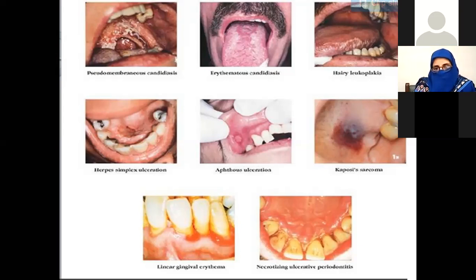So even if you are not doing text from Robbins, at least I would recommend at the start of the module that you go through the gross photographs and the pictures given in Robbins. At least that part should be covered.